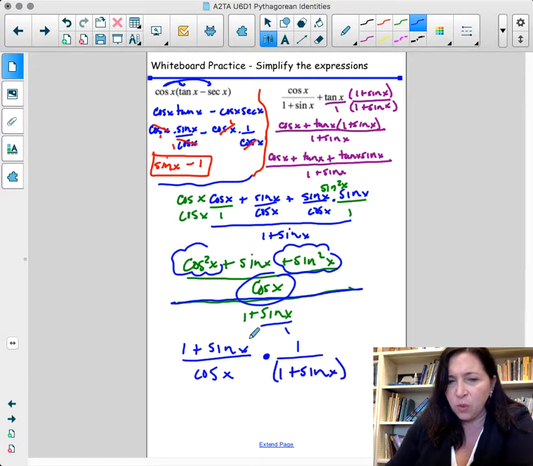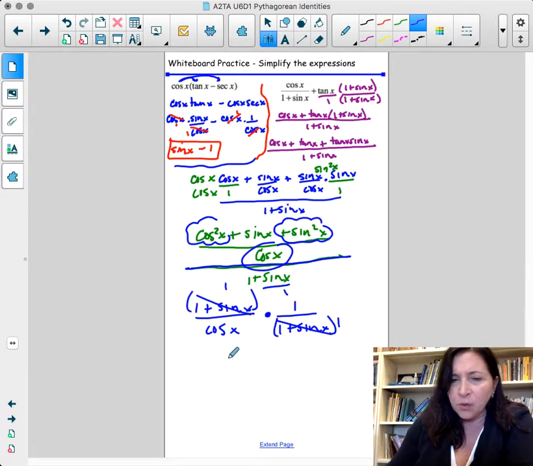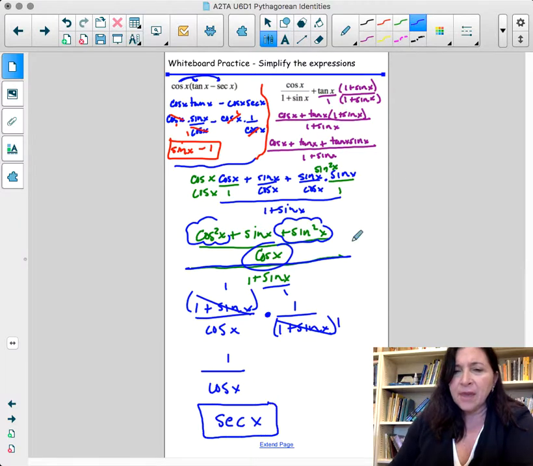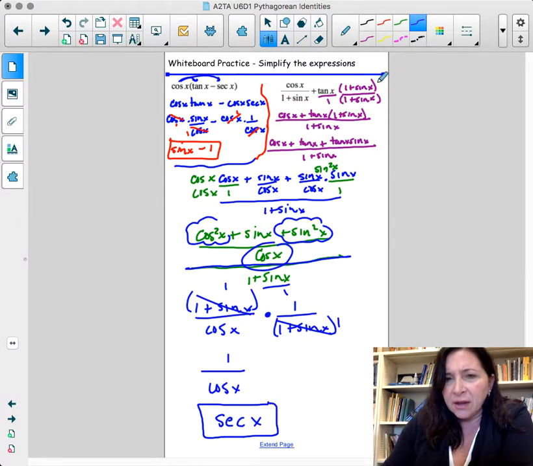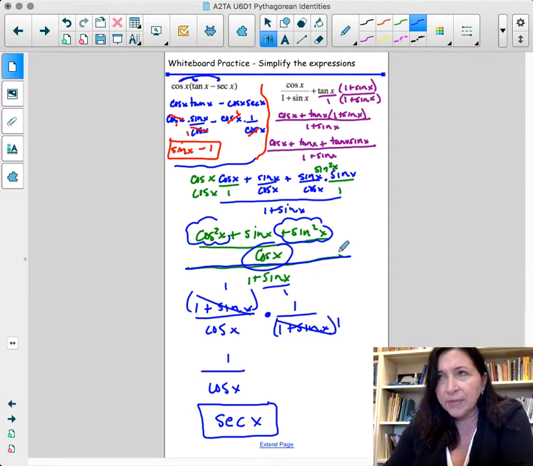And as a quantity, this being exactly the same value here and here, those are going to cancel, and I get 1 over cosine of x, and 1 over cosine of x is secant of x. And so now I've simplified this value. I want you to notice that nowhere did I add an equal sign because there's no equation here. This is just an expression, and you're just simplifying that.